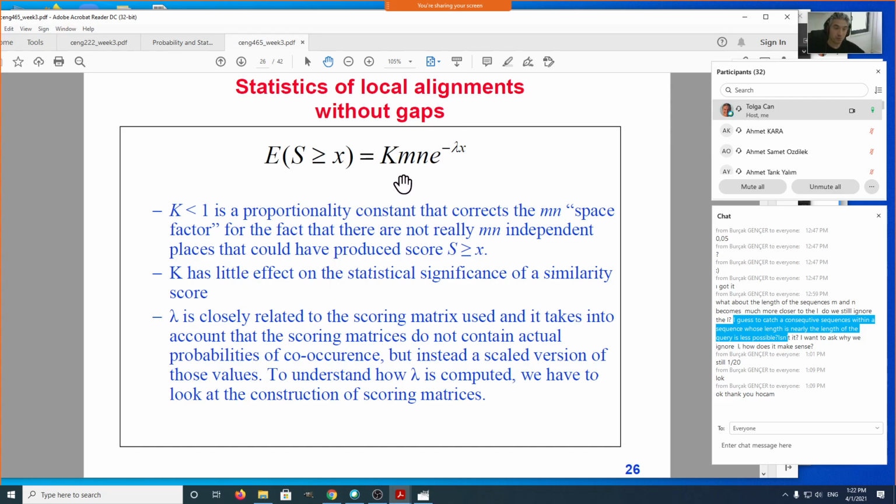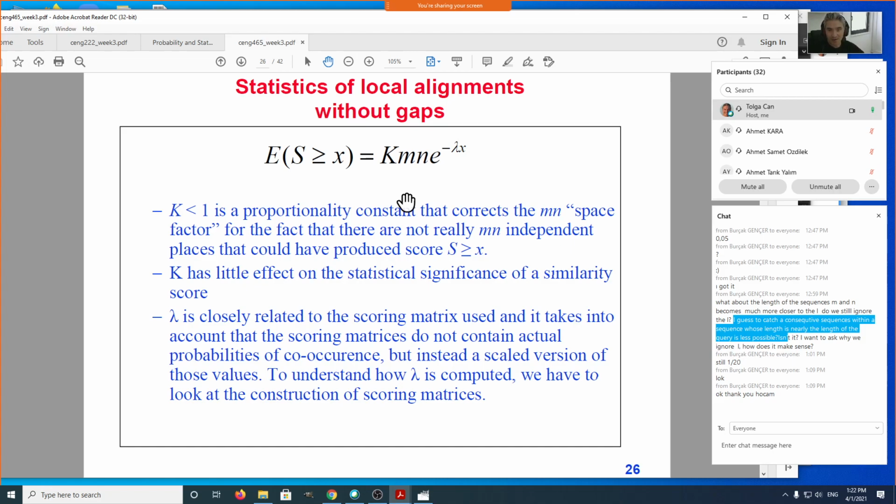Because we overshoot: by ignoring the minus l plus 1, we make this product larger. So the expected value is overestimated, and this K less than 1 is trying to correct this.